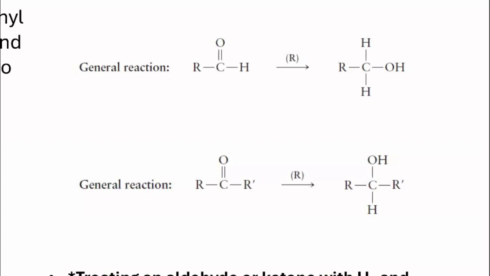Let me highlight the atoms so you can follow. The oxygen that used to be in the carbonyl is now bonded to an incoming hydrogen. The carbon atom that used to be in the carbonyl is now bonded to an additional hydrogen.